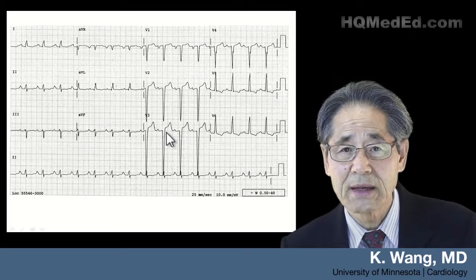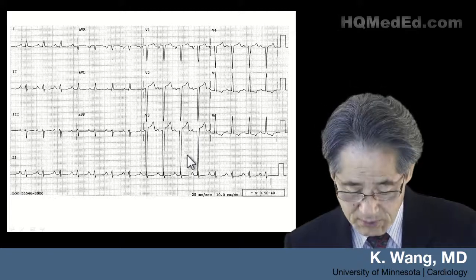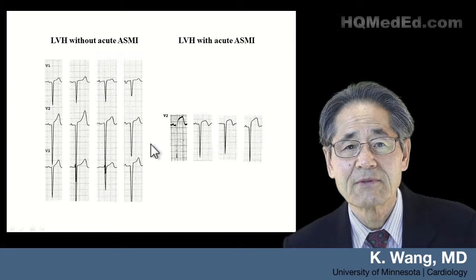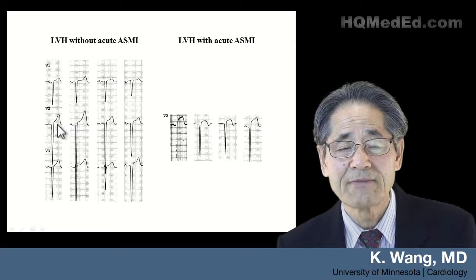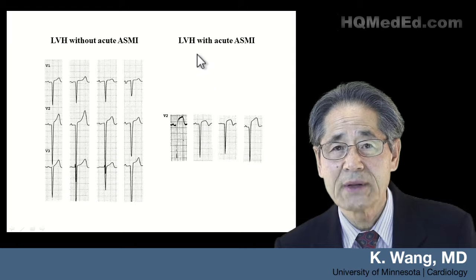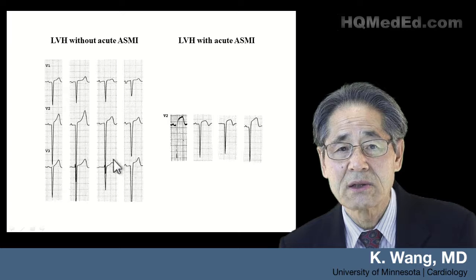Combine that with the ST elevation, normal ST elevation, no wonder this can be so frequently mistaken for STEMI. So I have 4 patients with the LVH without and 4 patients with the LVH with acute STEMI. You can appreciate the difference.